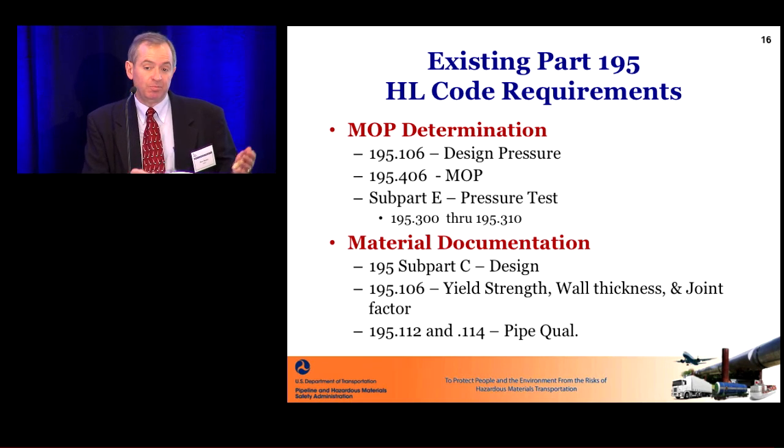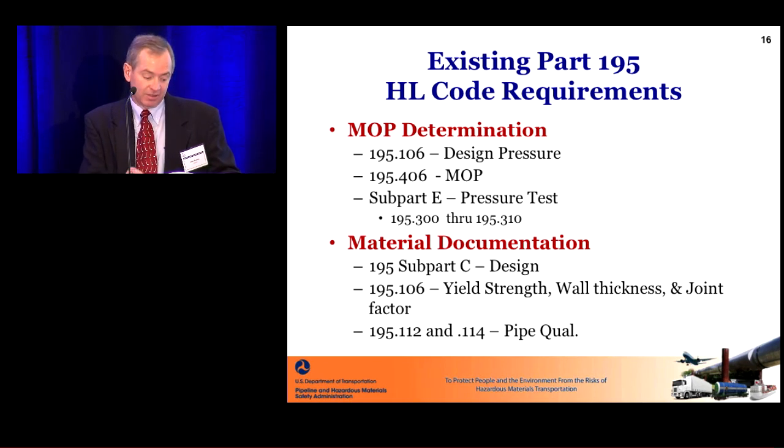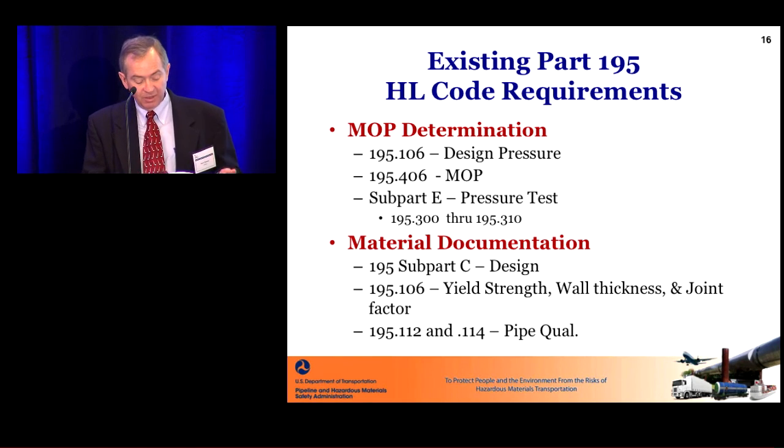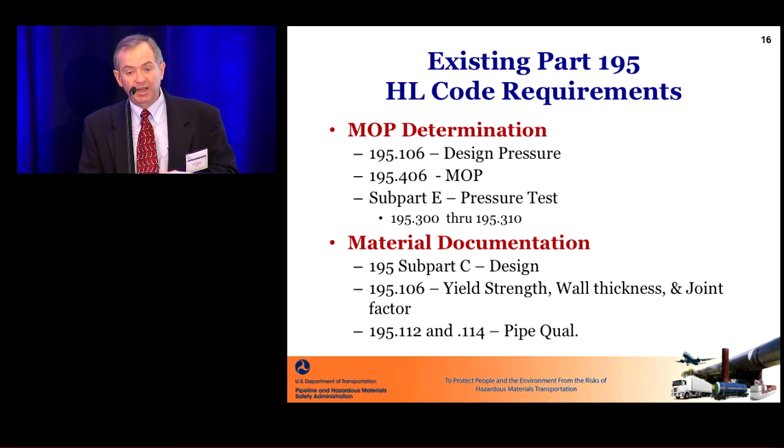Or if you have a pipeline that you don't know what it is, as far as how you determine design pressure in MOP, it's spelled out in these sections. Pressure test, what you need to do there. Now, it doesn't tell you what you need to do for a spike test. Again, and then material documentation. If you look at 195.106 on yield strength, wall thickness, joint factor, all of that's presently in the code.